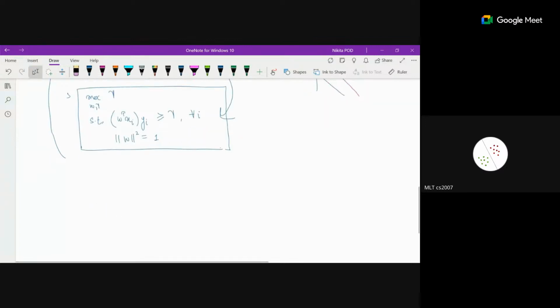So we want to maximize this gamma, right? What we are going to say is that this problem has now become equivalent to maximizing this thing.